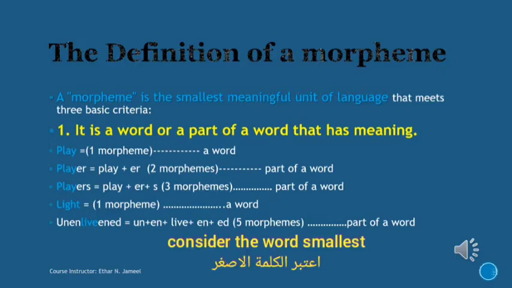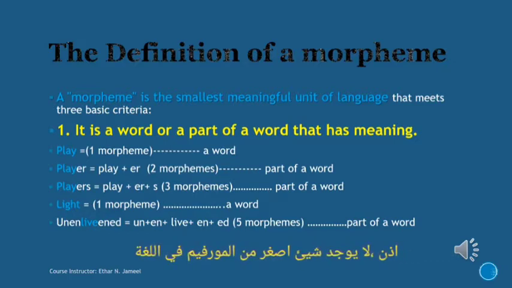Consider the word smallest. So nothing is smaller than the morpheme in language. But what about the phoneme? Remember the word phoneme? Phoneme means sound. The sound is the smallest unit of a language.